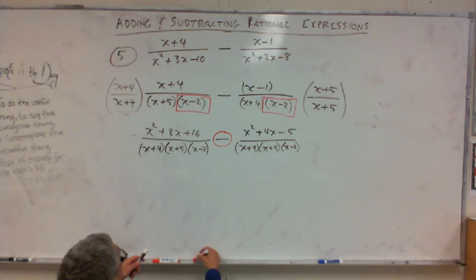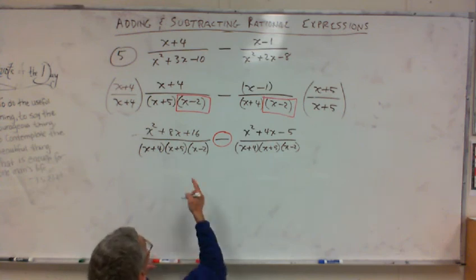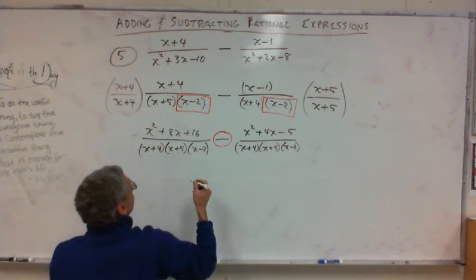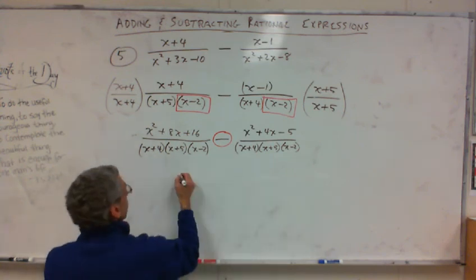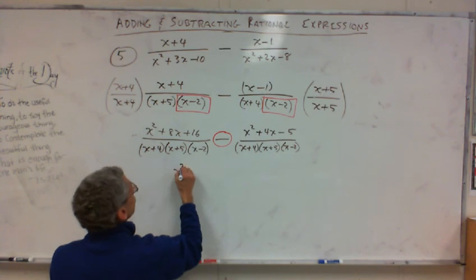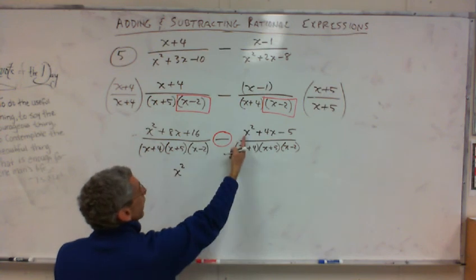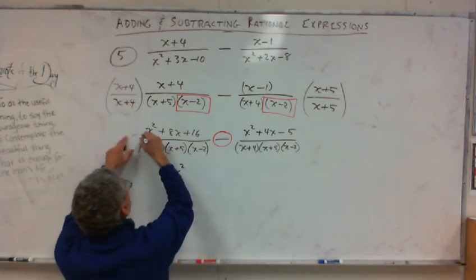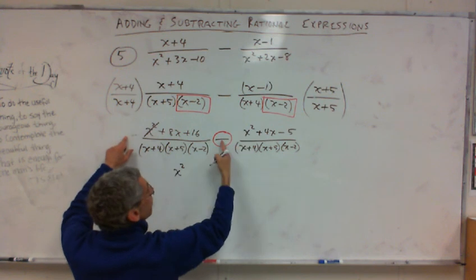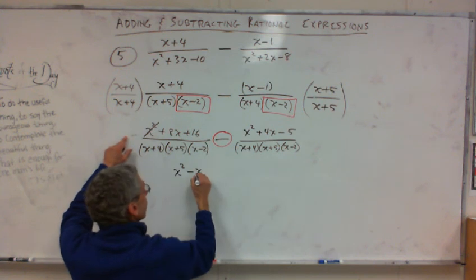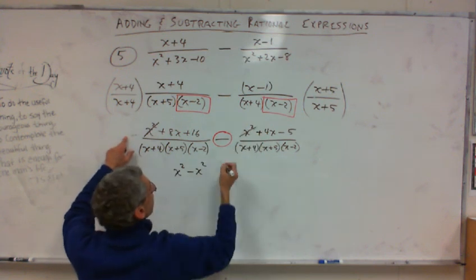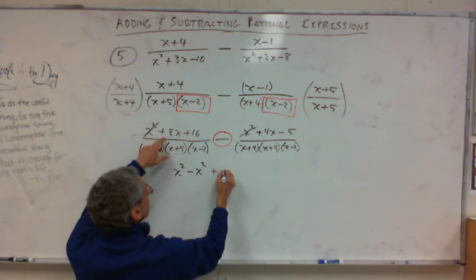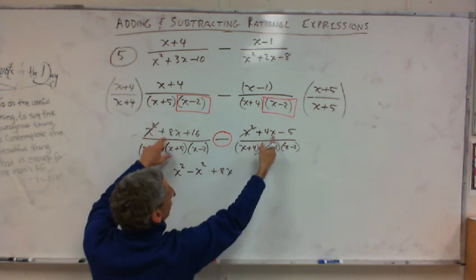So here we go. We're going to combine these together. I'll do it in 2 steps. 2x squared, I'm going to cross this out. I've got minus x squared. Minus x squared. Oh, look at that. And I've got plus 8x minus 4x.